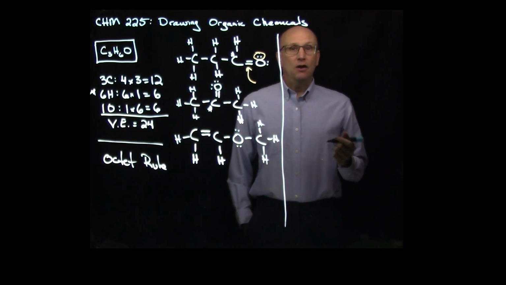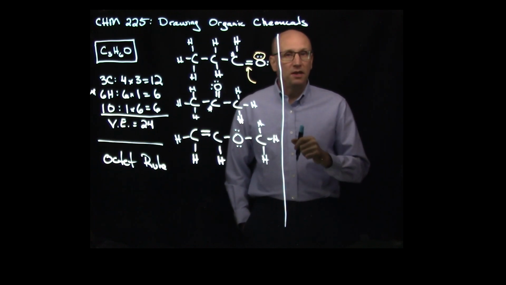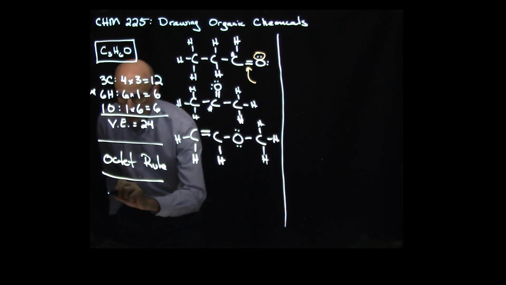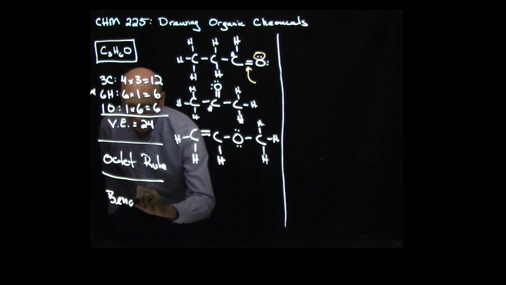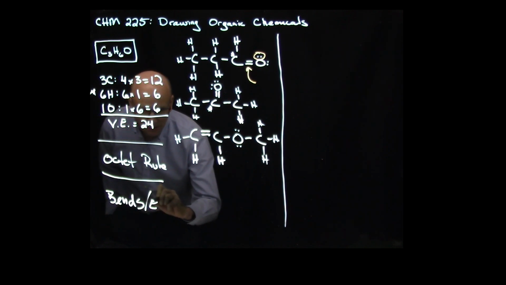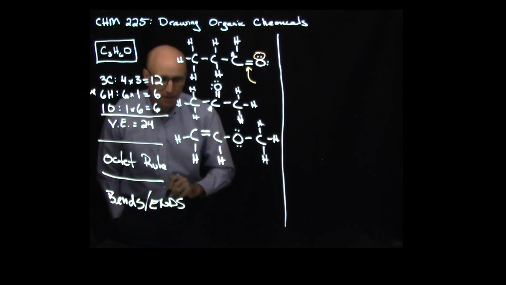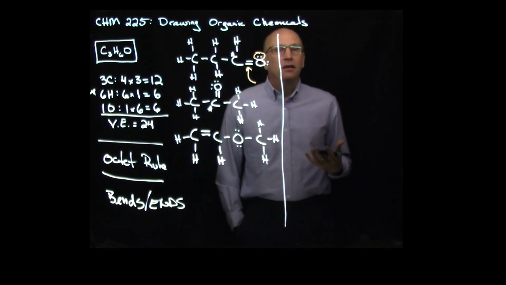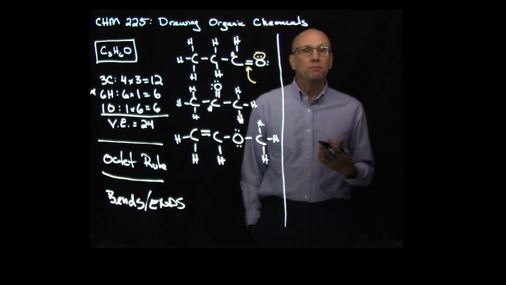So how do we do that? Well, one of the nice things we have is this idea of what we call bends and ends. Bends and ends are what we use to signify carbon atoms when we just make lines.